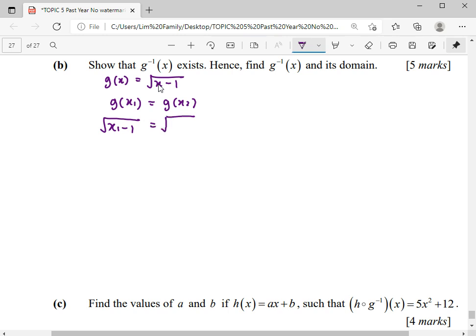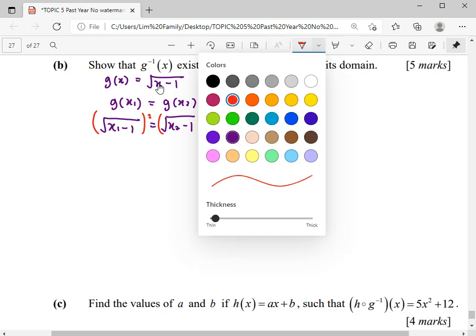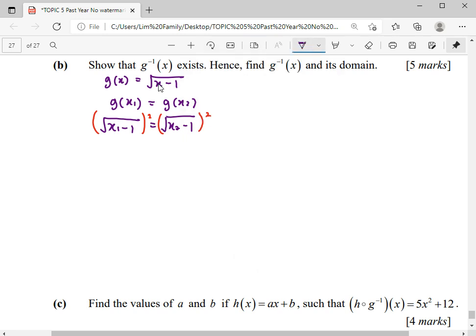For the right hand side, we substitute x2 into the function, it becomes the square root of x2 minus 1. Then we get a third equation. How do we simplify it? We square both sides, as we learned in topic 2, and simplify to x1 minus 1 equals x2 minus 1.